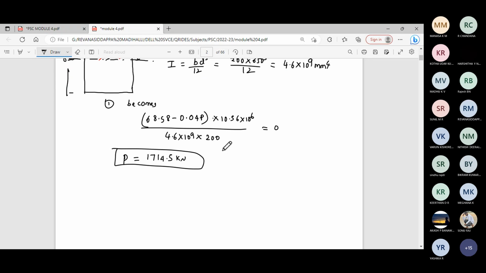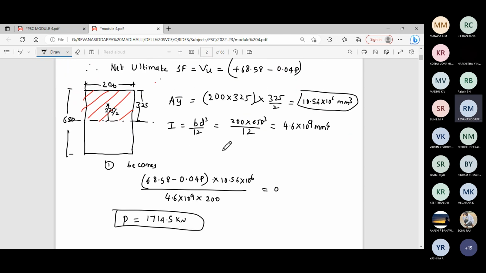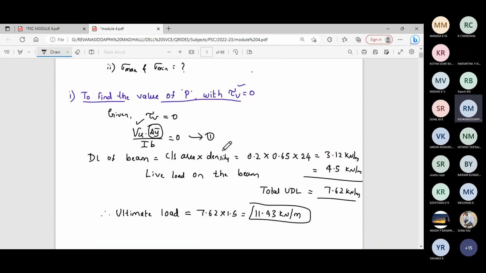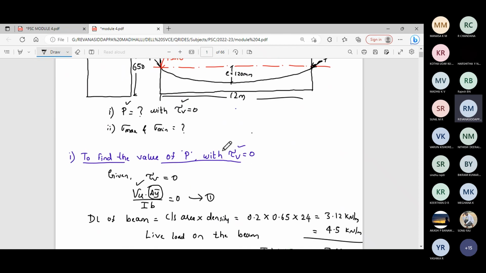With this we have solved the first question. Then we'll go for the next question.